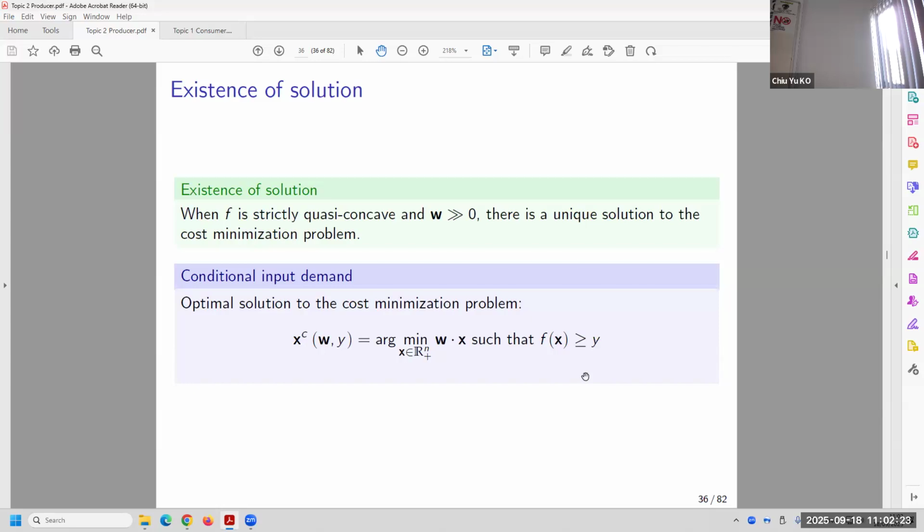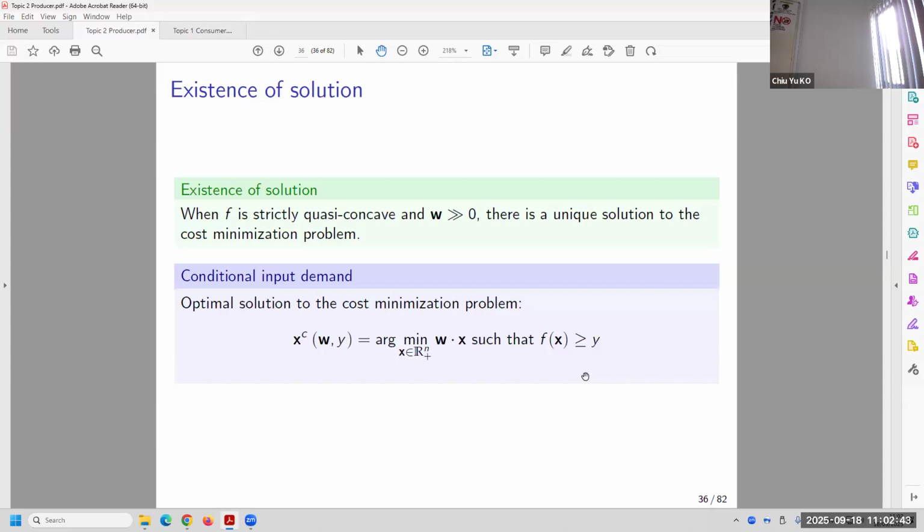It's unique, and unique means you can say it is a function. Otherwise it's a correspondence. So it must be a function. Remember, a function is where you give me one thing, I give you one thing, not two things. So when it's a function, I have what we call the conditional input demand.